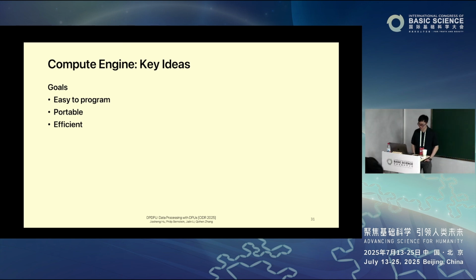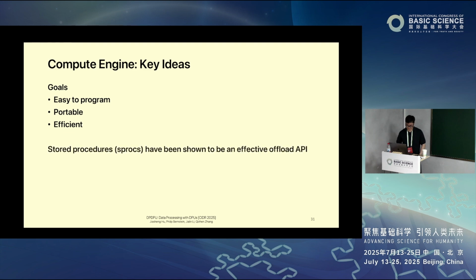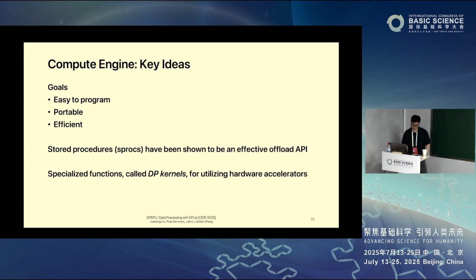We want this compute engine to be easy to program. We want portability, and of course we want efficiency. Stored procedures in recent years have been shown to be a pretty effective offload API. So we're going to use stored procedures as an interface for the compute engine.